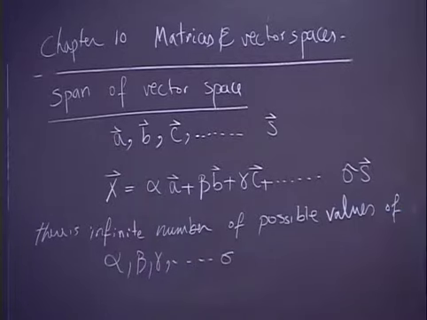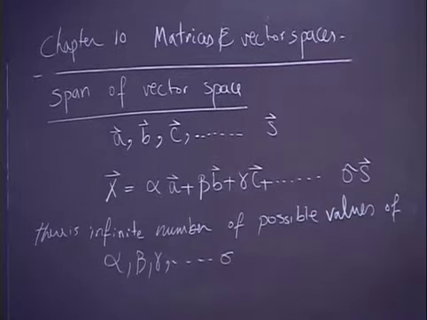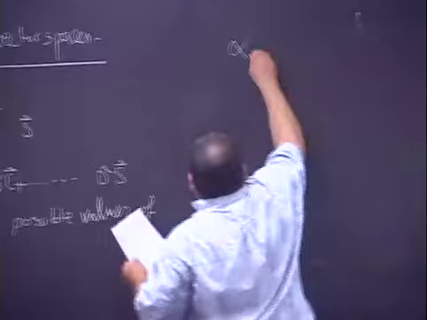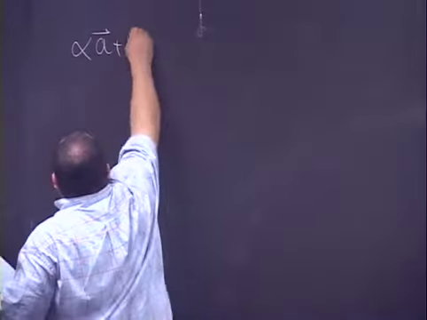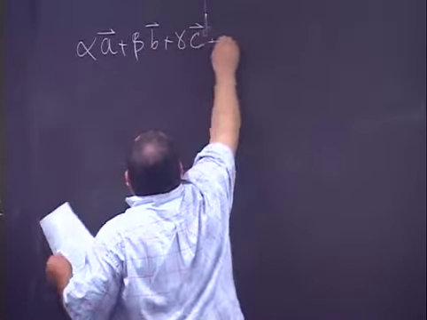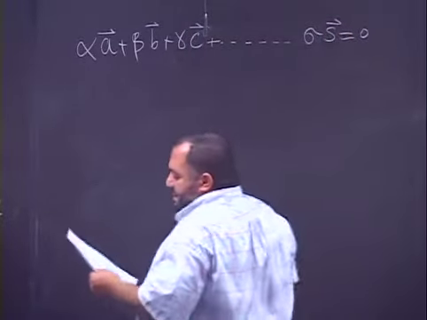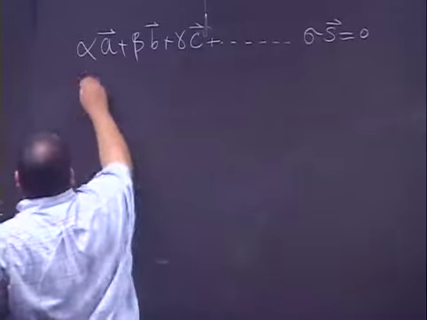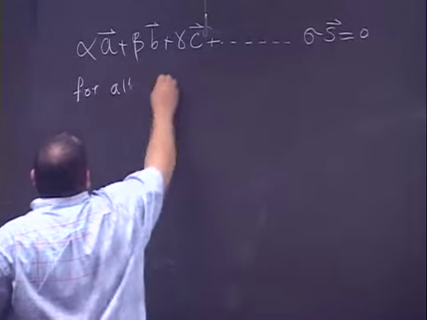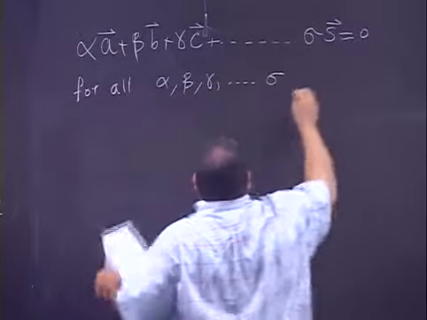Now consider the summation: alpha multiplied by the vector A plus beta multiplied by the vector B plus gamma multiplied by the vector C up to sigma multiplied by the vector S is equal to 0, for alpha, beta, gamma, and sigma not all zeros.